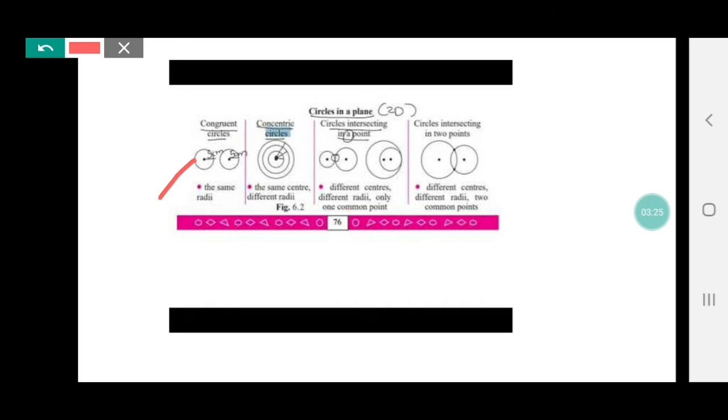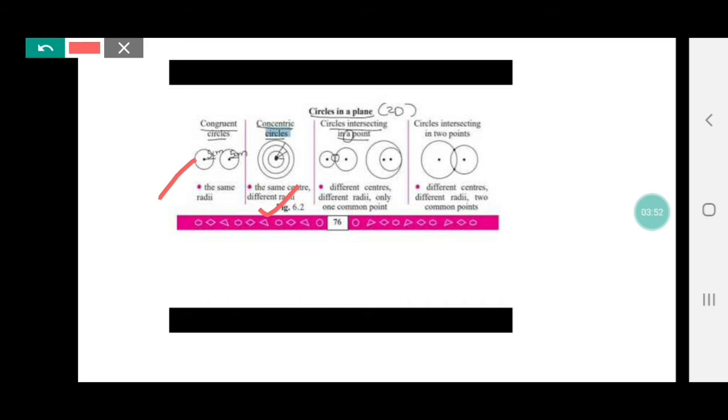The next one is concentric circles. What is a concentric circle? Circles with the same center but different radii are known as concentric circles.